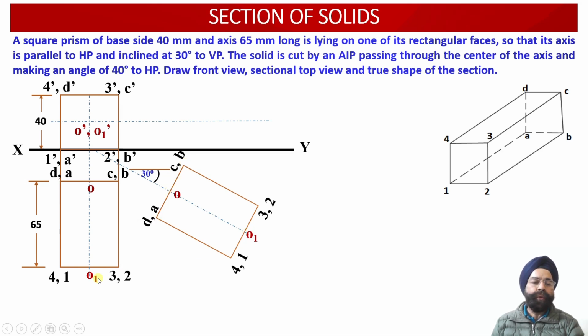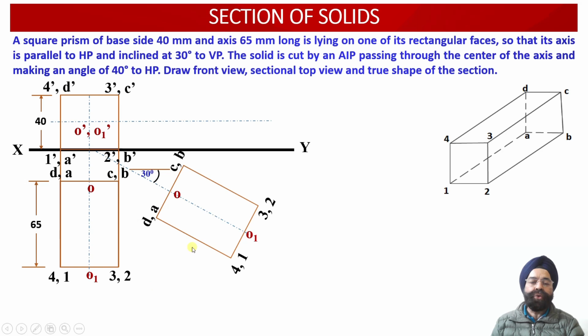Similarly, from point O1, the distance of O1 from points 3 and 2, and the distance of O1 from points 4 and 1, will be evaluated from this plan projection view, and the corresponding perpendicular projector from O1 will be drawn. These two points will be marked over here.